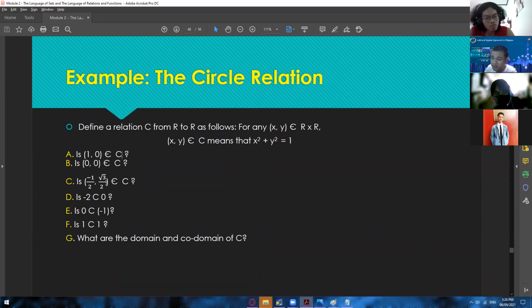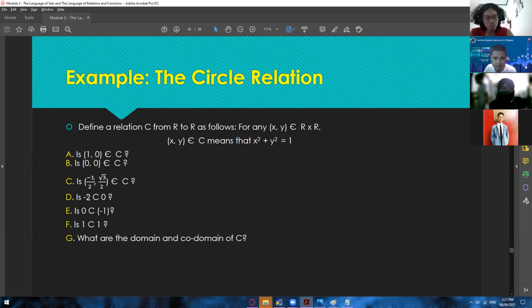This time, I would like you to use your calculator, unless you're a math genius and you can compute this square root of 3 divided by 2. Okay, the correct answer is yes. To the others, please verify this one. And then for letter D, this one is super obvious.